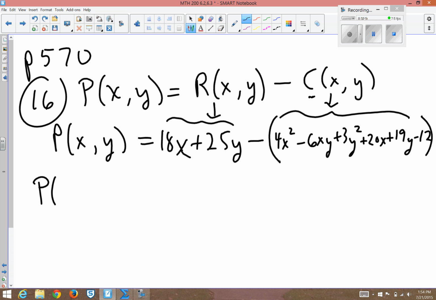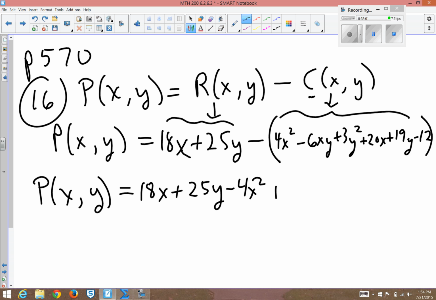So first thing we're going to do is distribute this negative sign. The profit, which is a function of x and y, these are numbers of shirts, different kinds of shirts, is 18x plus 25y, distributing the minus 4x squared plus 6xy minus 3y squared minus 20x minus 19y and plus 12.